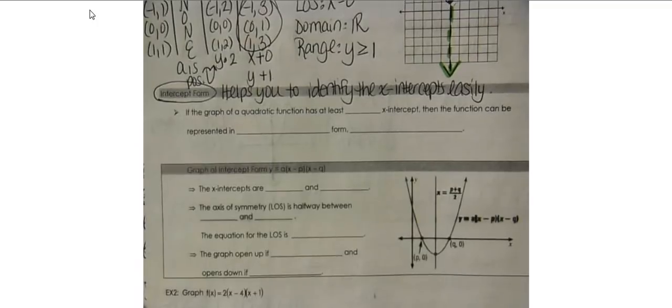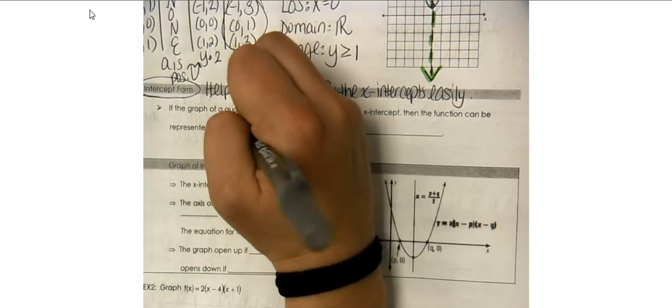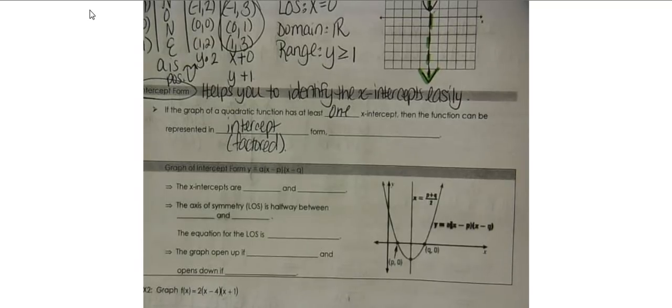So if the graph of a quadratic has at least one x-intercept, then the function can be represented in intercept form, also known as factored form. But we all know that not all quadratic functions can be factored, so not every function can be written in intercept form.